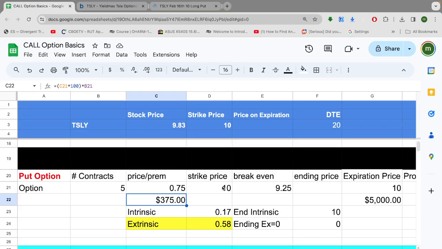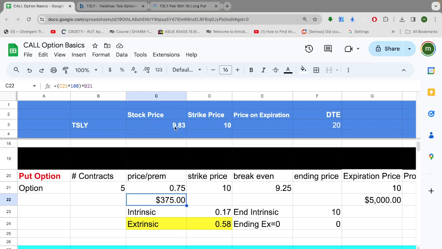That's fine though. So then the next thing I always want to look at is the intrinsic and the extrinsic. And these things aren't either good or bad, but you just want to know what they are. The intrinsic is the in the money amount. So this option gives us the right to sell TSLY at 10.